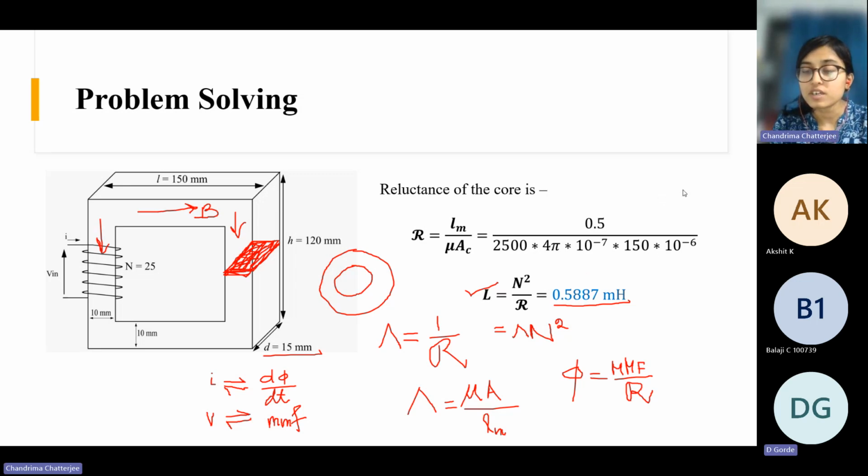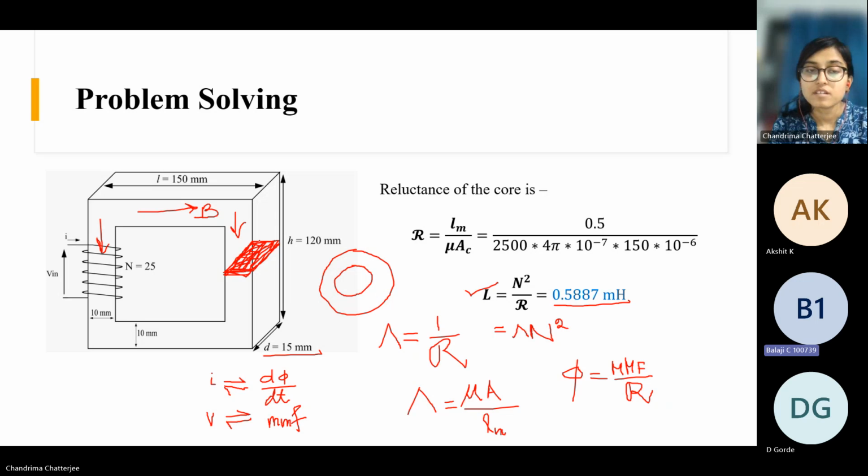Madam, there is a question in the assignment where the width is given differently. It is like an E core, but the last leg of the core has a different width.